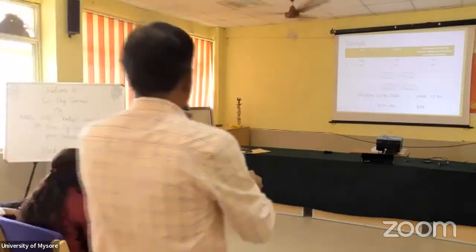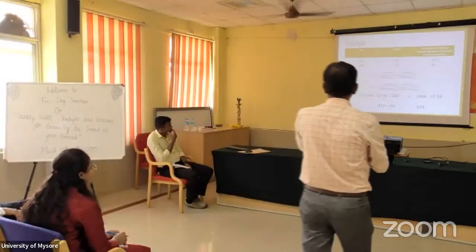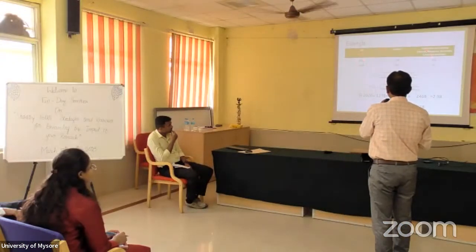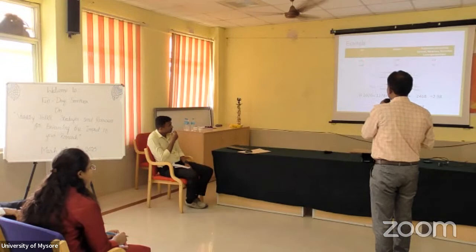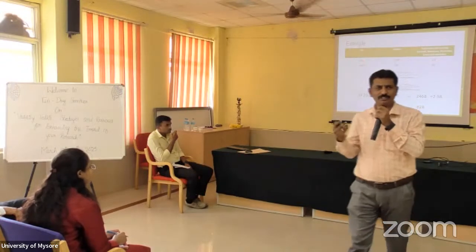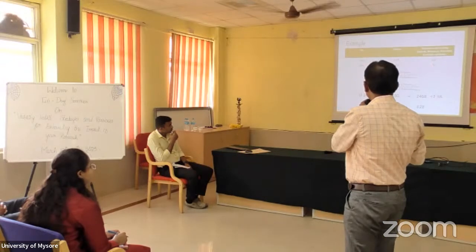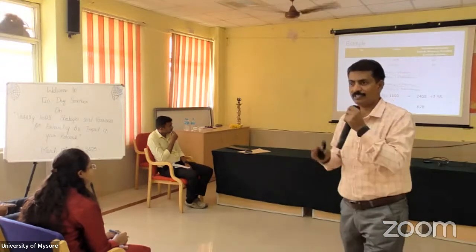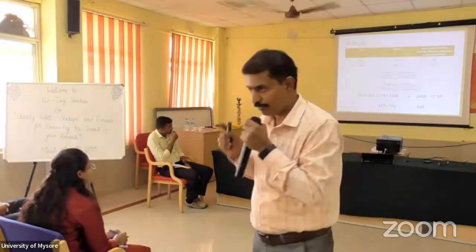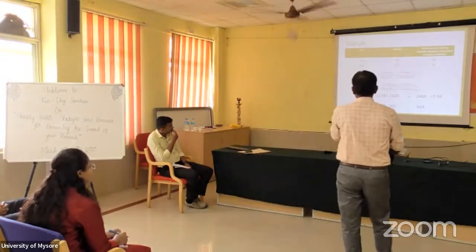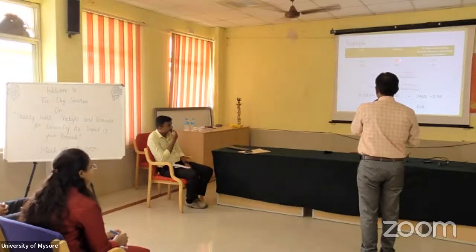For example, here I have taken one journal. It has published 437 articles in 2019. The same journal has published 391 articles in the year 2018. For which, in the year 2019, it has received 1,278 citations.